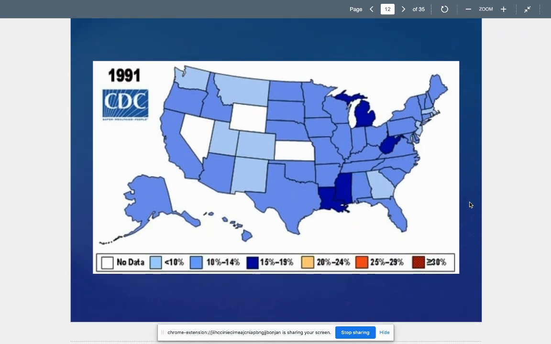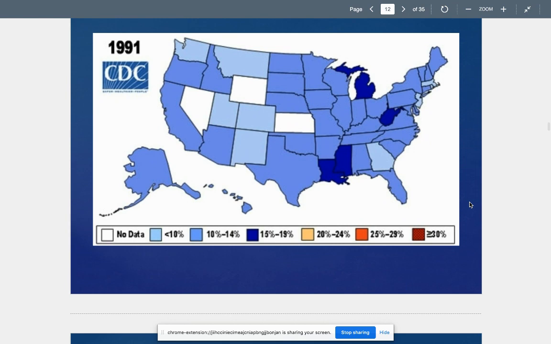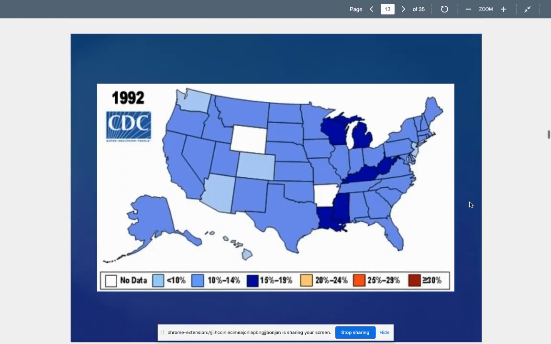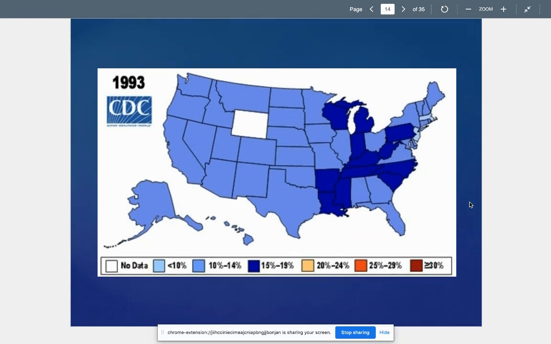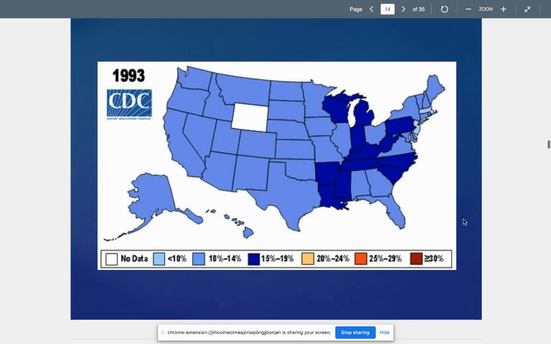In West Virginia, Louisiana is getting on up there pretty quickly in the early 90s. And then in 93, we find ourselves getting almost to that overweight category. We're getting close.